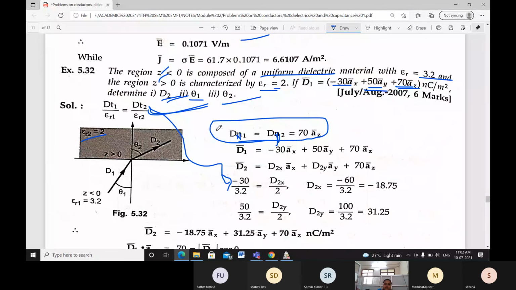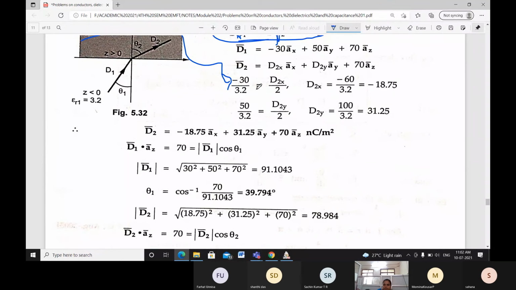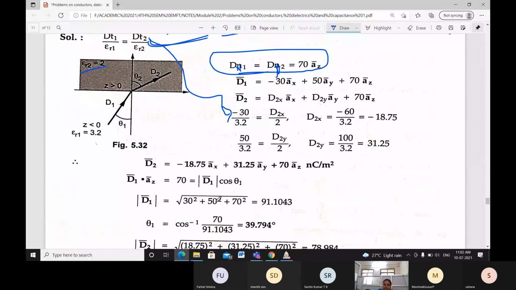Next, we have to find theta 1 and also theta 2. Then D1 dot az is going to be 70. That's nothing but mod of D1 times cos theta. Therefore, mod of D1 is, take the square root of the squares of the individual terms, 30 square, 50 square, 70 square.